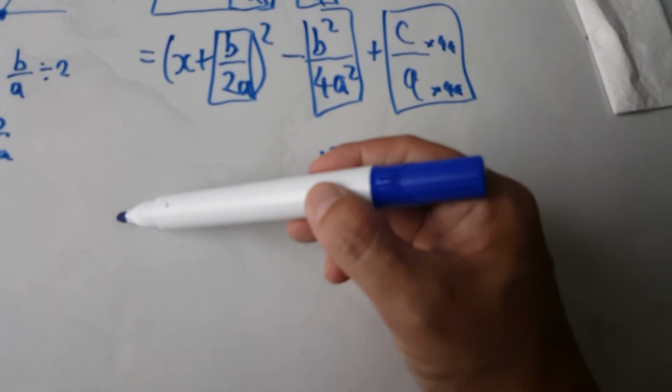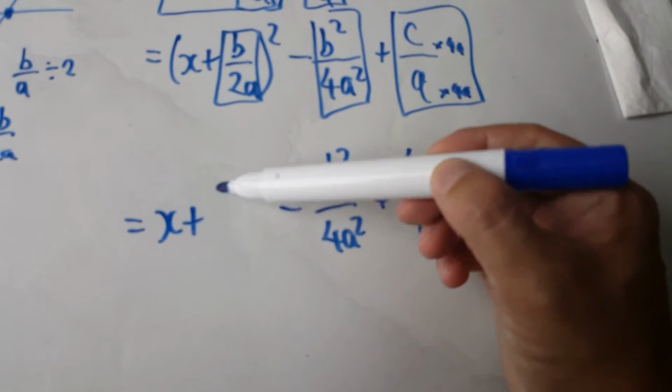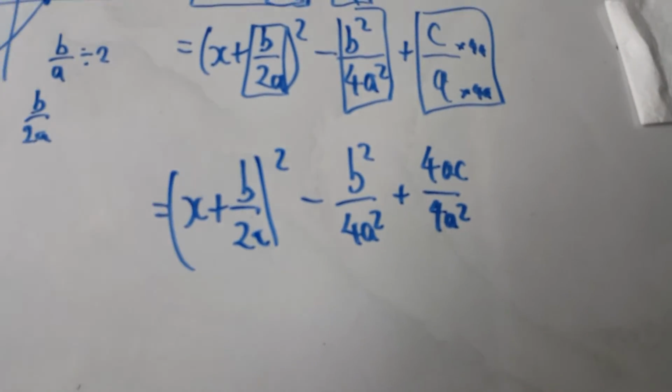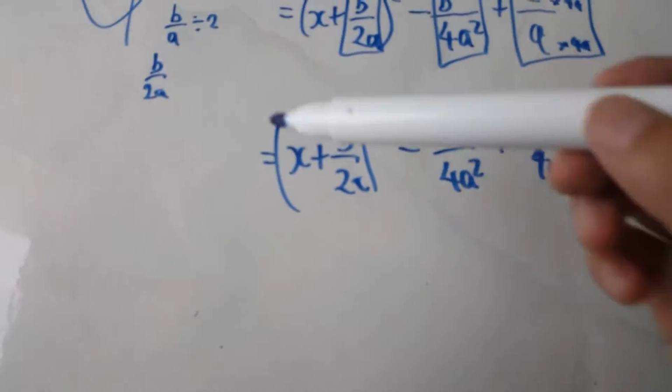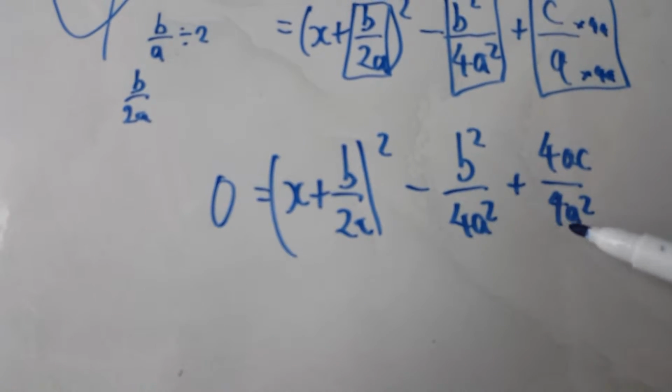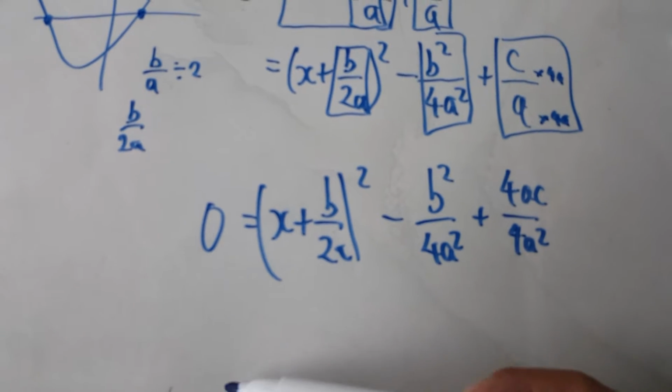Then let's just carry this down, so x plus b over 2a squared, and remember, everything equals 0. Now the two denominators are the same. Merge them together.